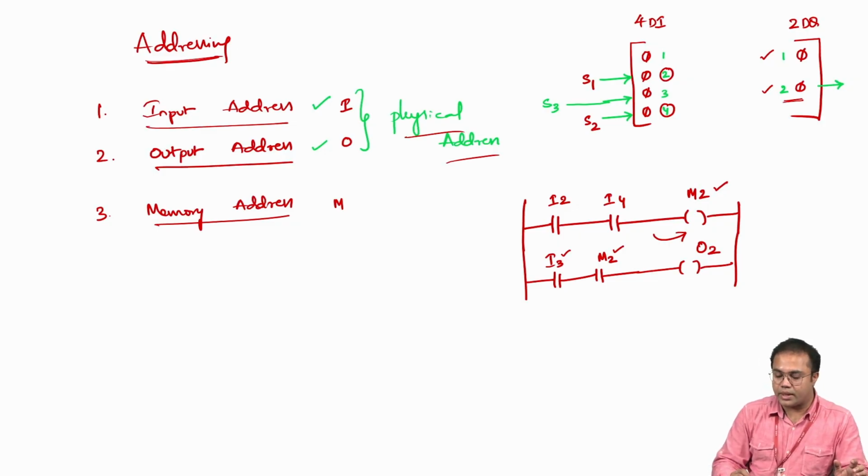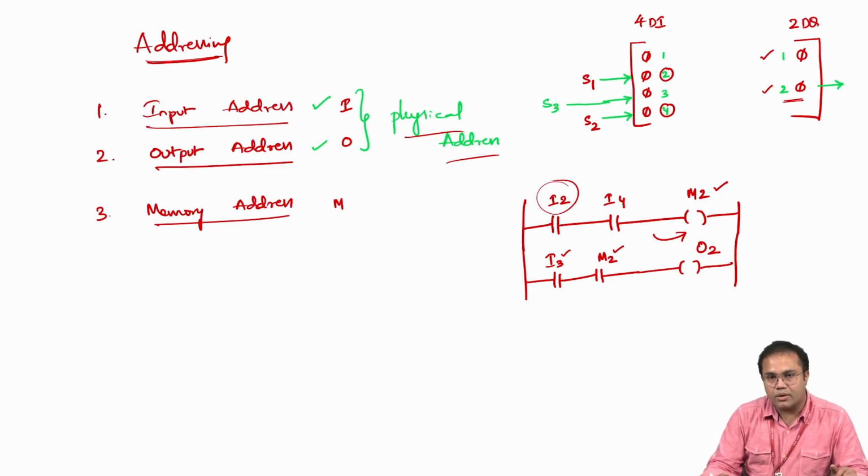So the same format may not be used in the Siemens or in Allen Bradley, because they have their own way of addressing. So when you look into the Siemens PLCs, their addressing format will vary from Allen Bradley. Similarly, when you come to the Schneider or any other PLC, the format will vary. So it's up to the manufacturer specifics.